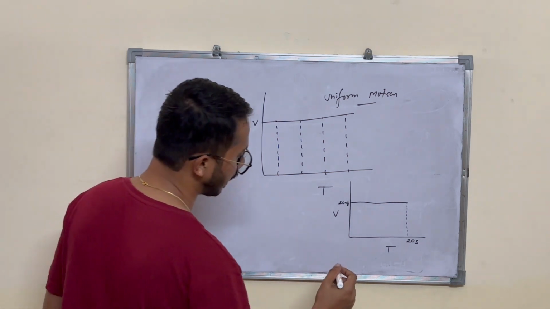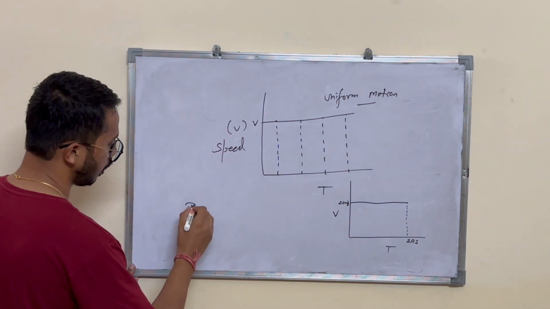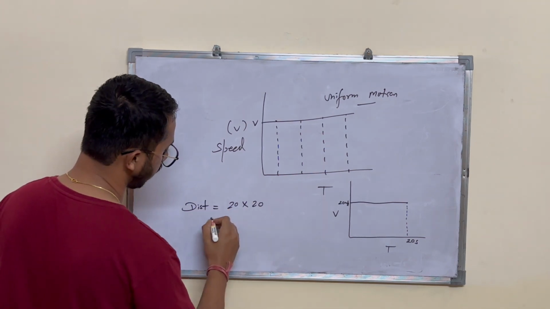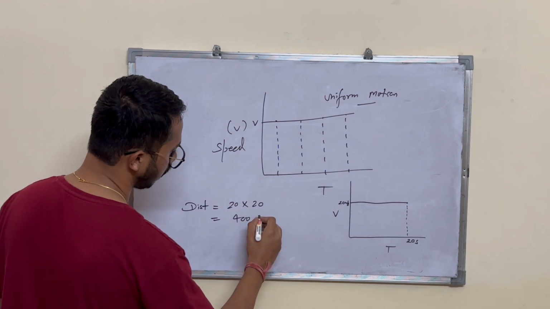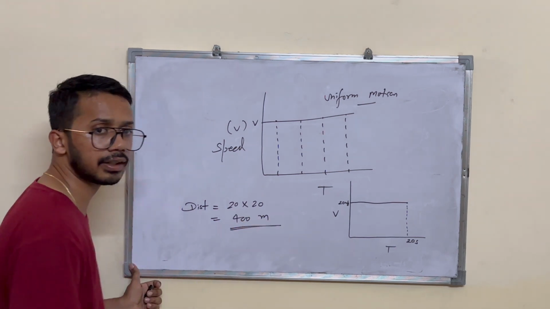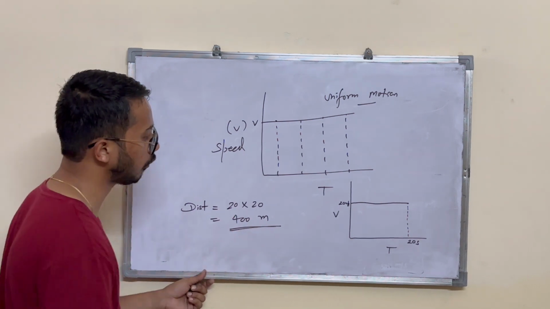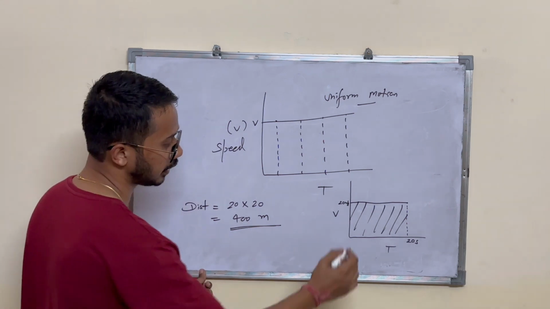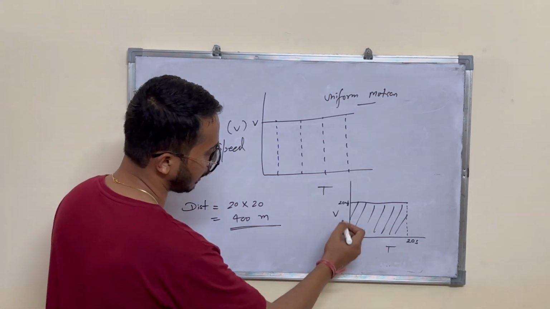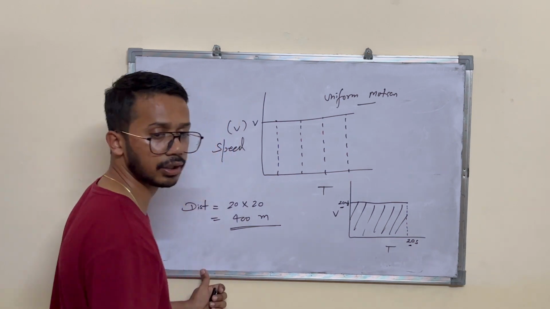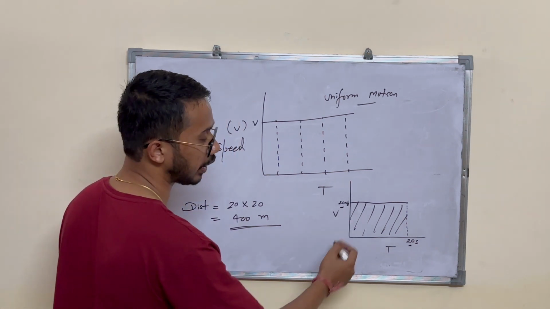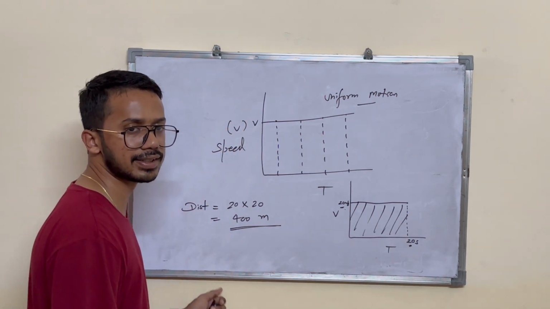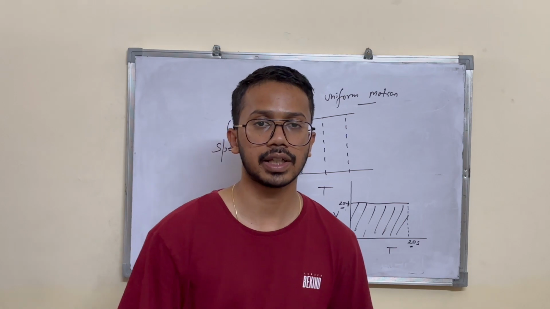As per our basic rule, distance is velocity into time, so 20 into 20 gives us 400 meters. Instead of the traditional formula, if I calculate the area of this VT region, it is a rectangle, with sides 20 and 20, which we can call a square as well. Area of a rectangle is length into breadth, so 20 into 20 gives us 400. So we can say that the area under the VT graph gives us displacement.